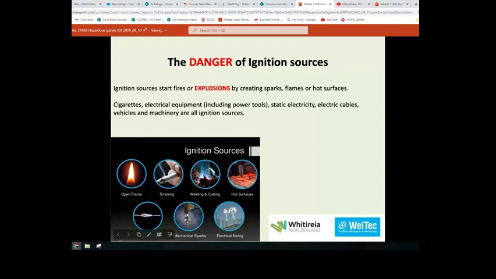Mechanical sparks, so a tool, even a shovel hitting a rock or something, may create a very brief spark. It might be enough to ignite the perfect gas mixture. Also, electrical arcing.